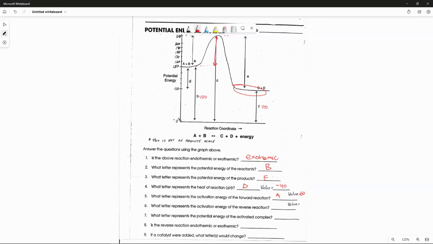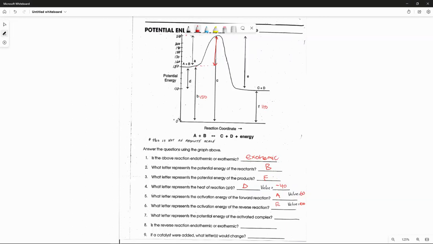So it's going to be from this top activated complex to the new reactant side, which is letter E. So we know that number 6 is E, and the value is going to be 210 minus the new reactant point here, 110, which is going to be 100. 100 is going to be the new activation energy for the reverse reaction.